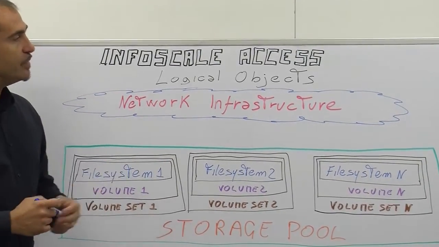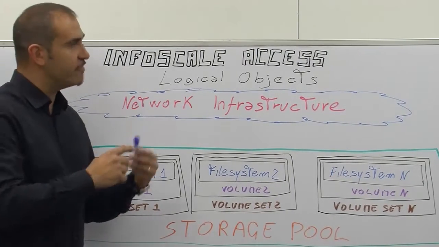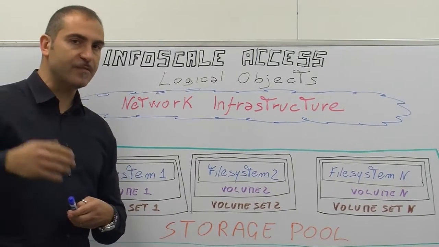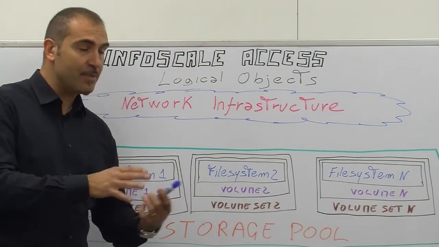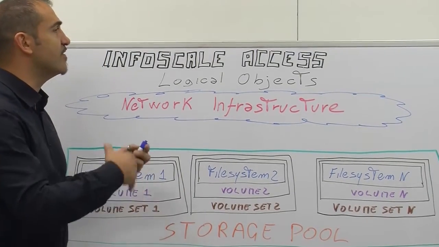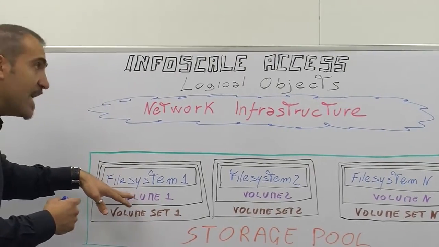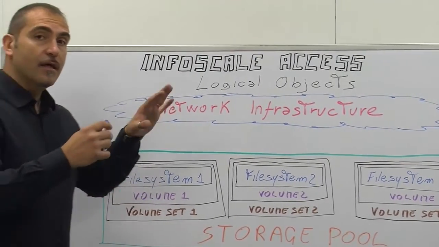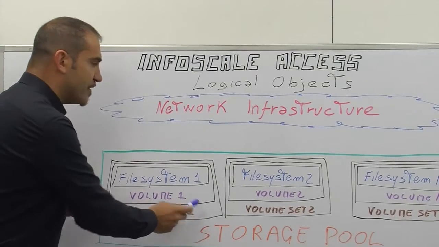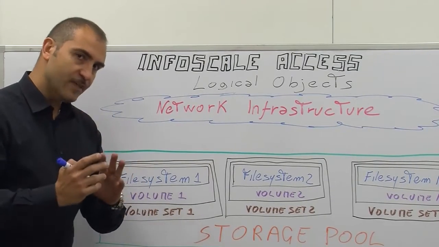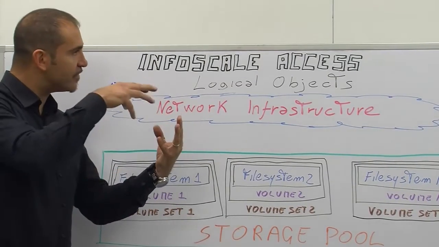The layout will be chosen automatically by InfoScale Access to optimize the performance and the availability. In most of the cases, you will have a striped mirror. And then, automatically, InfoScale Access will create a volume set. So it will create a volume set with a volume inside, and then the file system.